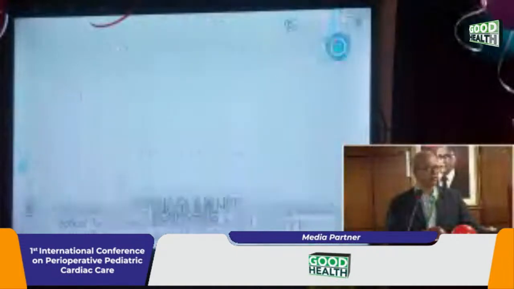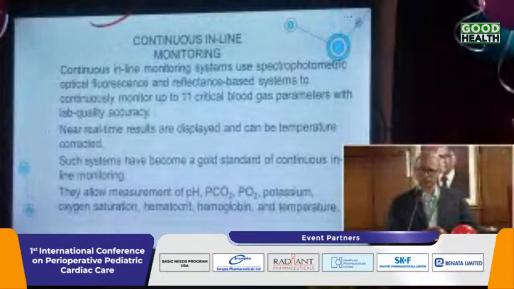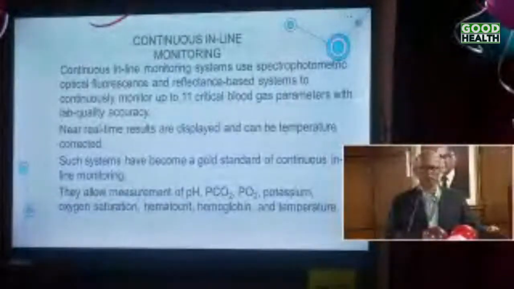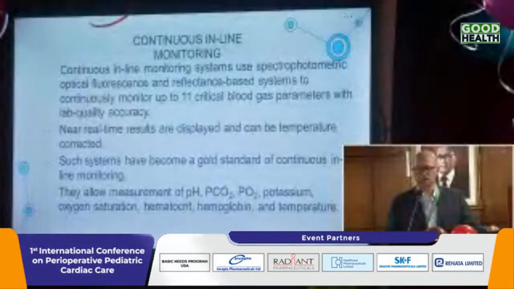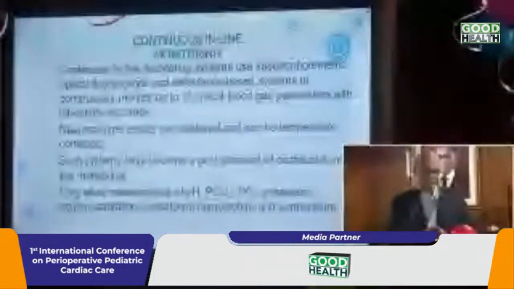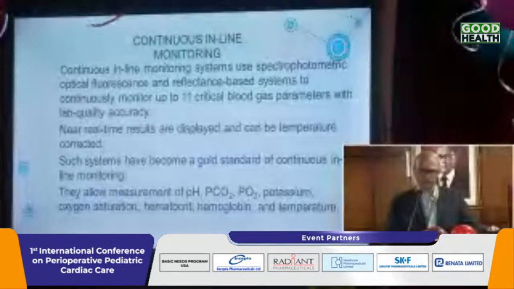So continuous inline monitoring also is now a trend in India, and I do not know whether they are using it in Bangladesh, but in India most of the corporate hospitals use the inline technique. Continuous inline monitoring systems use spectrophotometric, optical fluorescence and reflectance based systems to continuously monitor up to 11 critical blood gas parameters with lab quality accuracy.